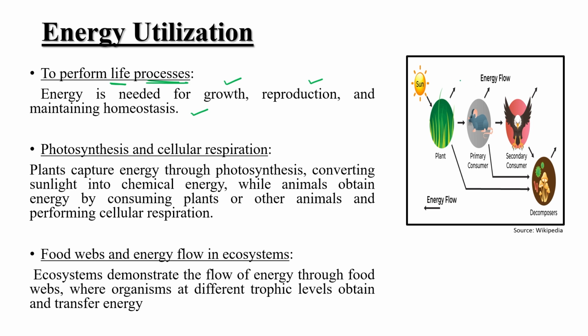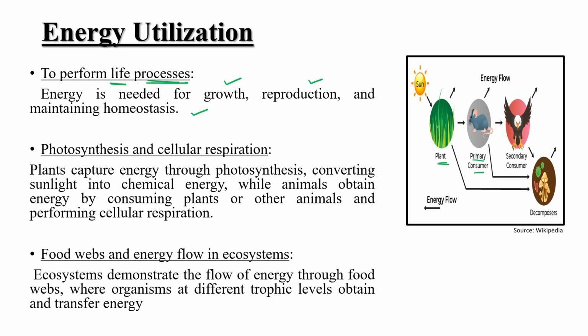Am I right? As you can see in this particular picture, the green plants capture sunlight, light energy, and convert it into chemical energy, right? These plants are known as primary producers. And the primary consumers are totally dependent upon the plants.